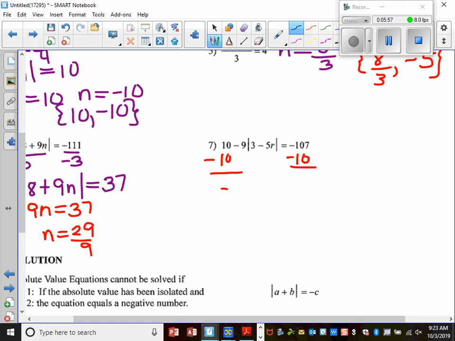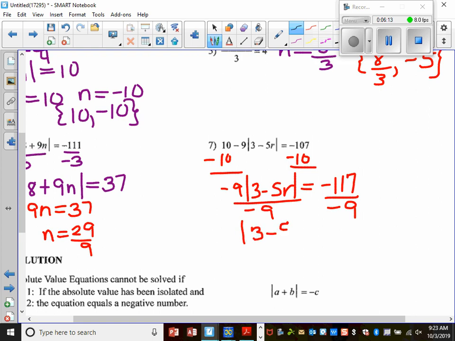So that will give me -9 times 3 minus 5r equals -117. Okay, then we will divide by the -9. And we have 3 minus 5r equals 13.